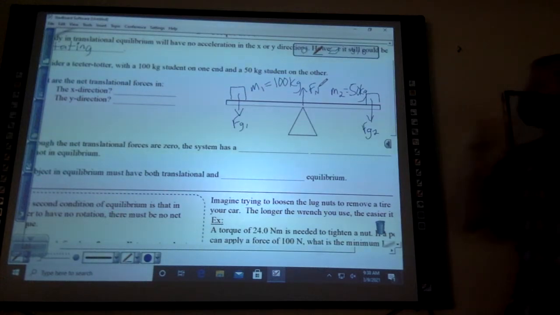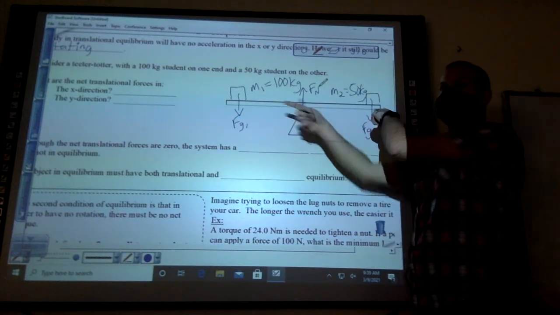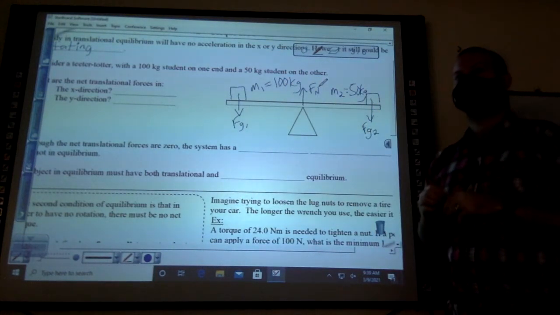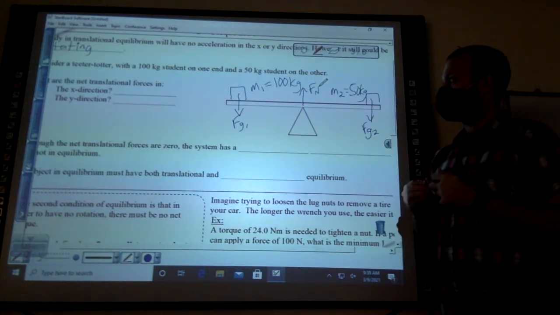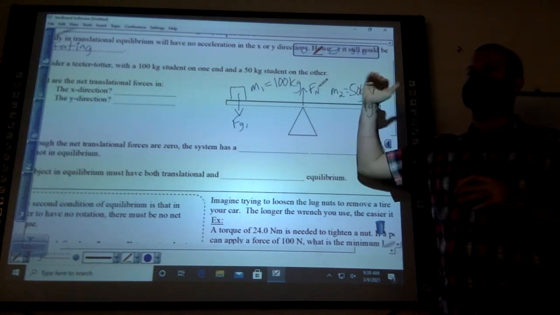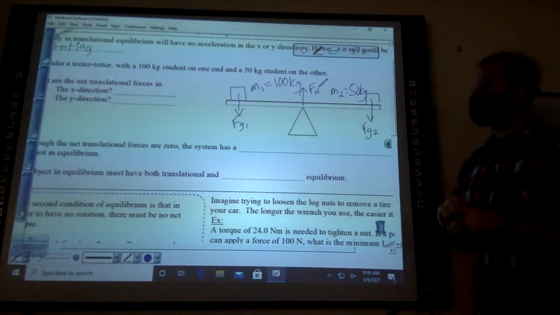I get what you're saying. So you mean after this tilts, this one's stuck on the ground and this one's up in the air, and the force is determined by the FG1. The heavier it is, the more force it has. So you're correct, but we're going to look at this before it moves. Okay. So we're not going to talk about it moving yet. We're just going to keep it at this.